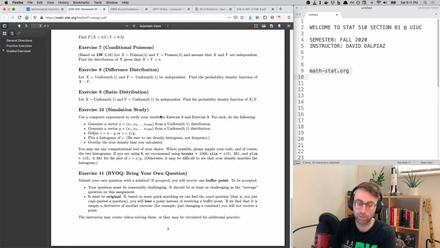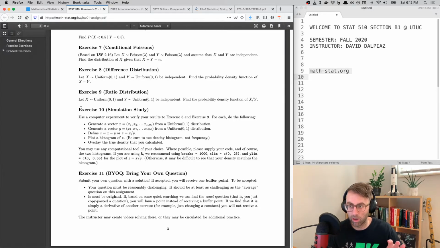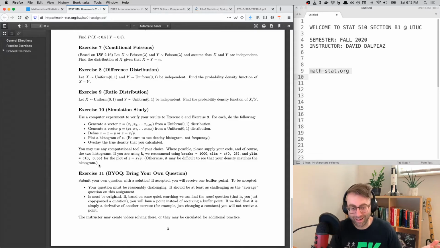I think what most people are going to do is write their homework by hand, scan it, you can find a scanner app for your phone, create a PDF of that, then use a system like R Markdown to do the computing problem, and then find a PDF merge program that puts them together. I know that's complicated, but I'm pretty confident that we can all accomplish that. But again, if you're struggling with that, post in that Piazza thread. If you have a good system for that, post in the Piazza thread.